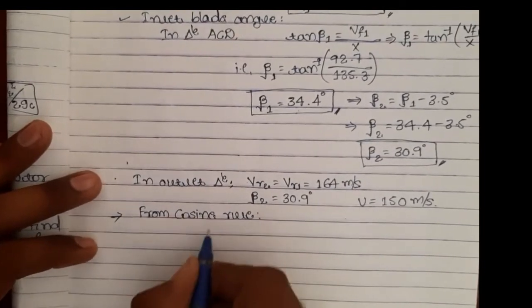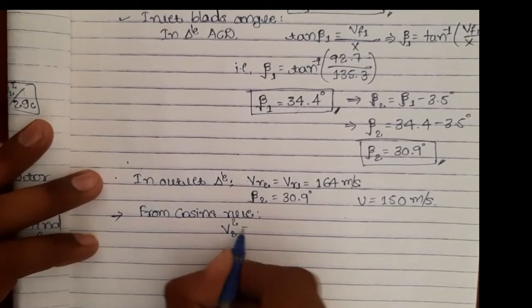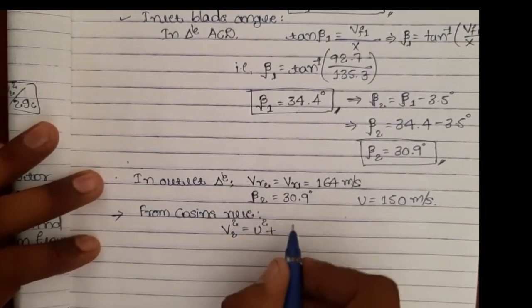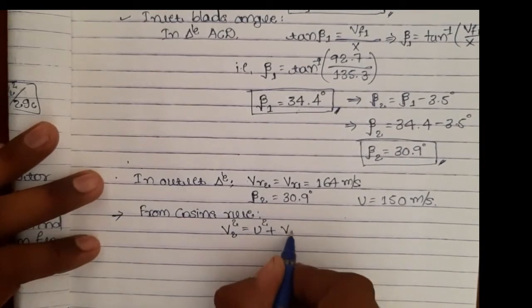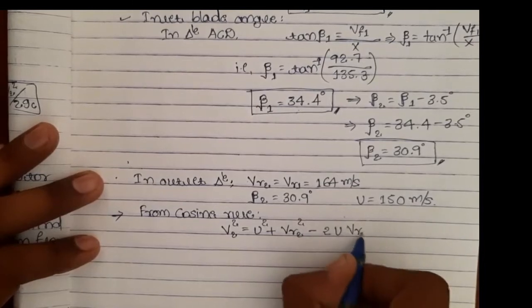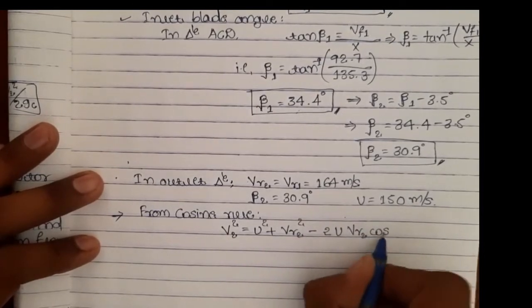From cosine rule, I shall write V2 square is equal to U square plus VR2 square minus 2 into U into VR2 cos beta 2, right?